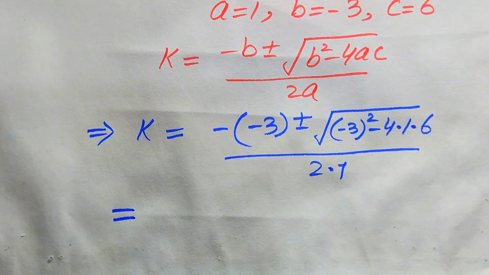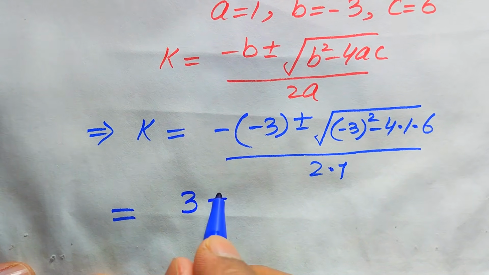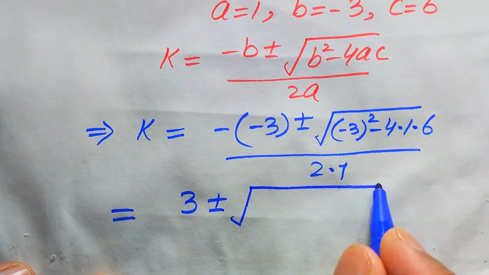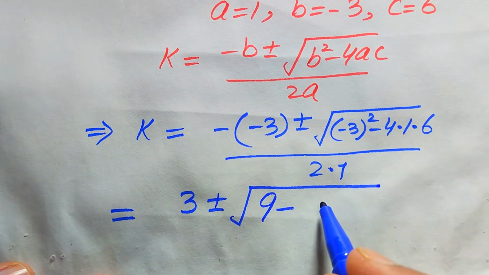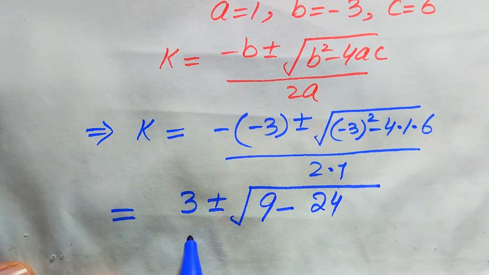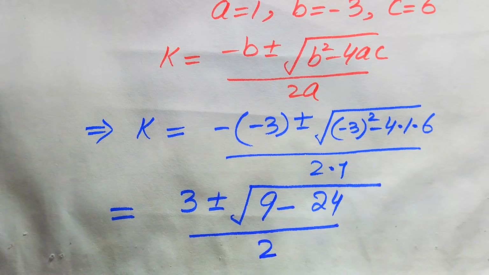In the next step we simplify: minus times minus becomes plus 3, plus minus square root of minus 3 square becomes 9, and 4 times 6 becomes 24, divided by 2 times 1 which is 2.